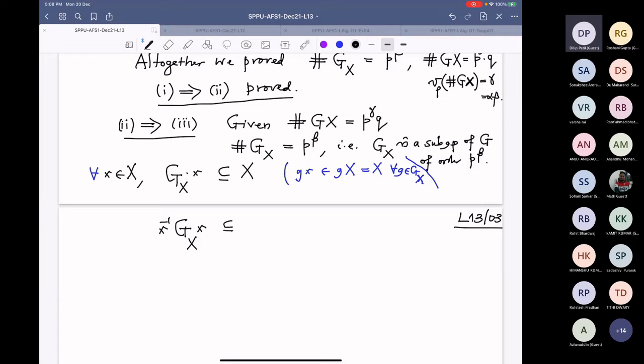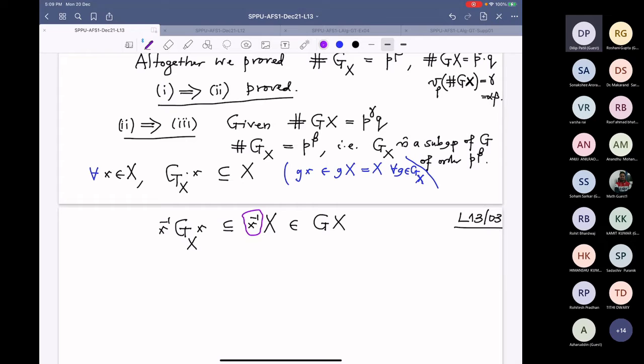This is contained in x inverse times X. And x inverse times X belongs to the orbit of X, because I can take this x inverse as an element in G. Therefore, this is in the orbit. And this is a subgroup.